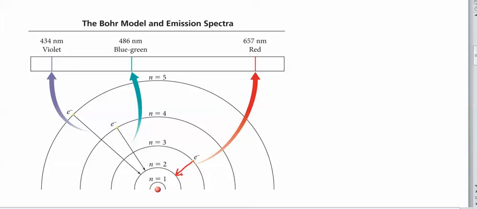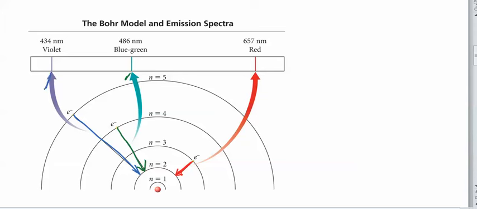It turns out that for this particular atom, the transition between the third and the second orbit corresponds to red light. Or the transition that goes from here to here, which is a bigger jump, corresponds to blue-green light, or the transition from even further out and down, a much bigger transition, corresponds to violet light.